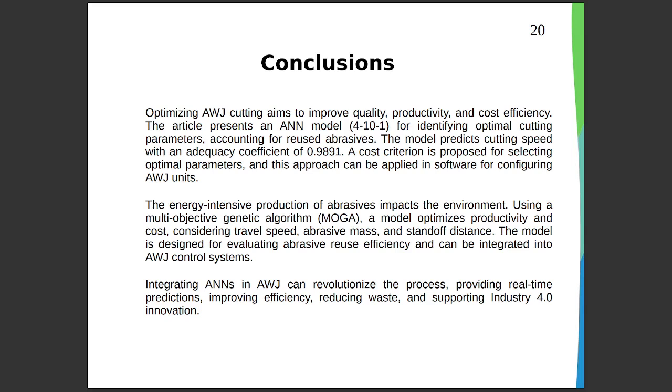The approach can be applied in software for configuring AWJ units. The energy-intensive production of abrasives impacts the environment. Using a multi-objective genetic algorithm, the model optimizes productivity and cost considering travel speed, abrasive mass, and standoff distance. The model is designed for evaluating abrasive reuse efficiency and can be integrated into AWJ control systems.